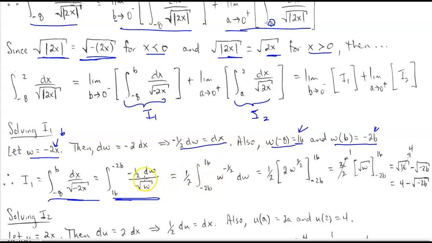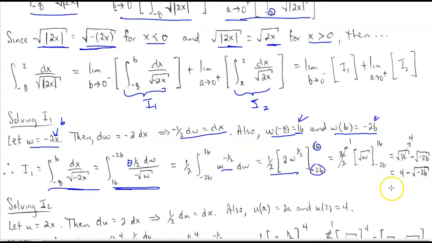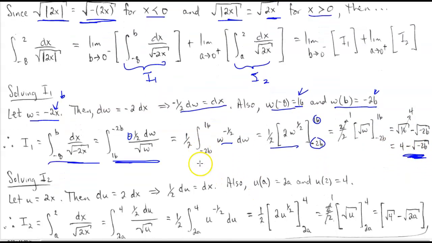We flip the limits of integration and multiply by -1, which gets rid of this minus sign. Then we rewrite 1 over the square root of w as just w raised to the -1/2, take the antiderivative, evaluate at 16 minus -2b, and you see that this is the outcome that we get. So that's the expression in terms of b.